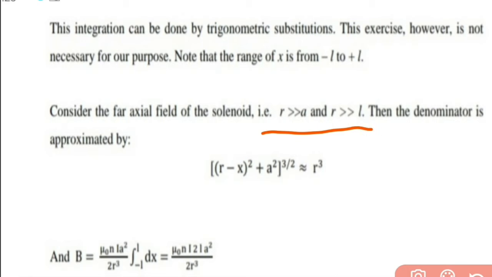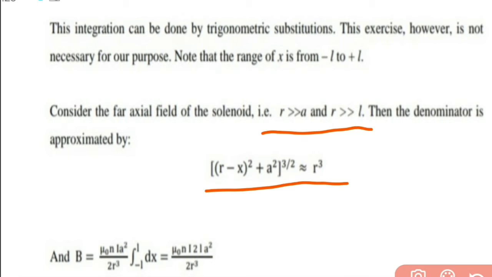That means we are considering the field due to this bar magnet at a far distant point. That is what we mean by r very much greater than a and r very much greater than L. So compared to the radius and length of the magnet, the distance we are considering is very large. So under that consideration, the denominator can be approximated to be r cube.